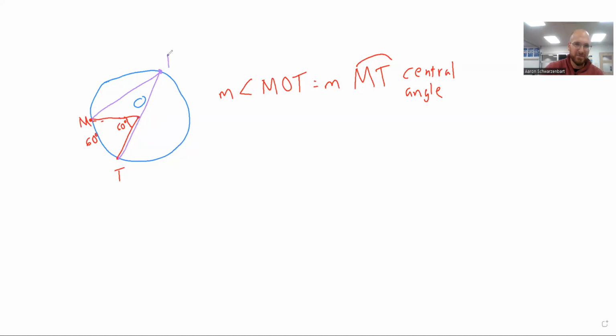We're going to call it P. Measure of angle MPT, I got ahead of myself there, is equal to half of the central angle, or the arc measure, since they're the same, which is half the central angle. And if that one's 60, the MPT would be 30.